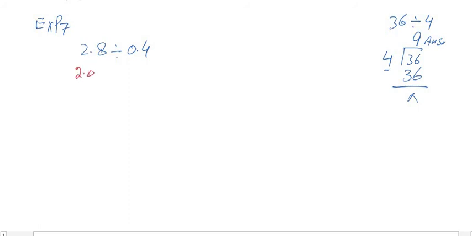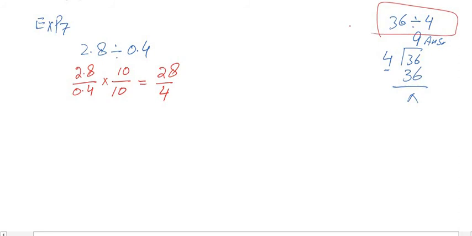So 2.8 divided by 0.4, multiply up and down by 10 to make them whole numbers. When you multiply, it becomes 28 and 4. If you observe, it becomes the same as the other example, so you can do it directly.